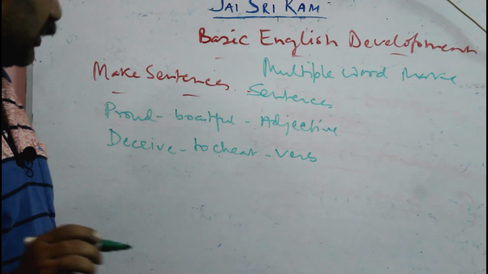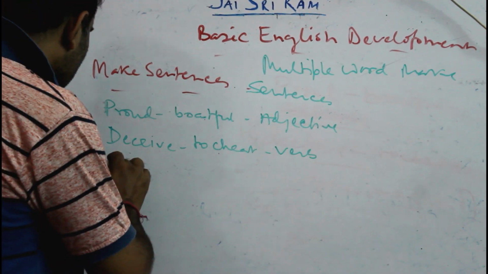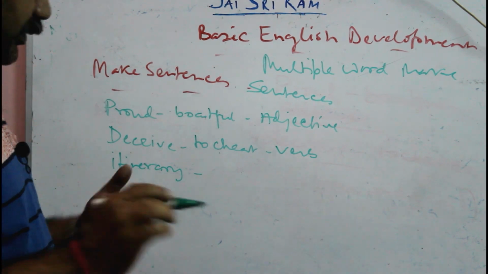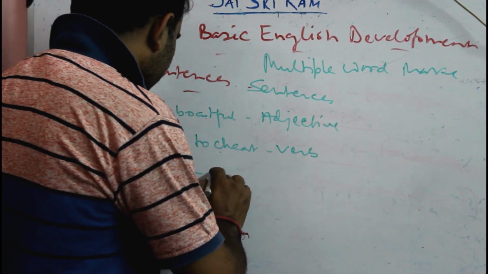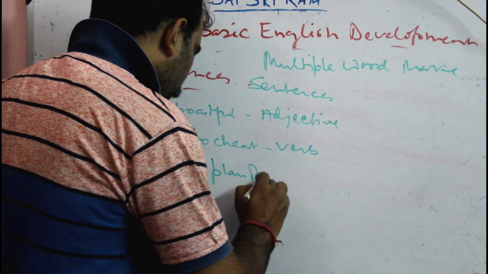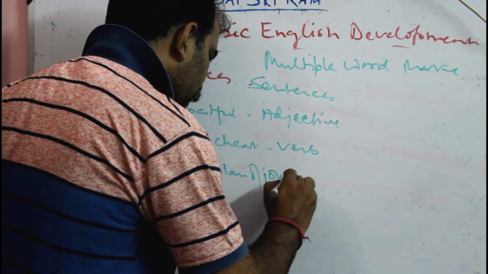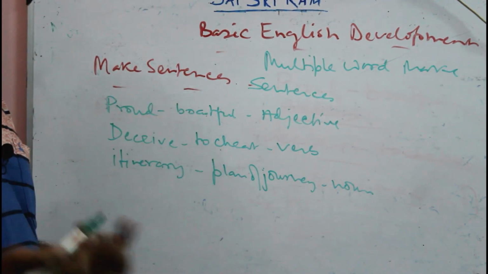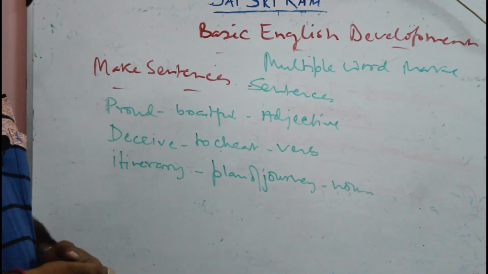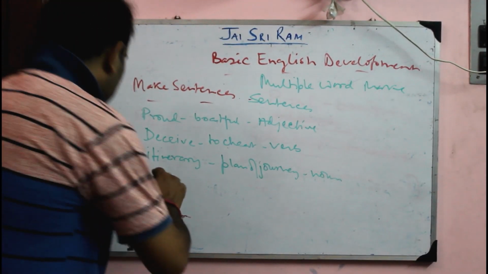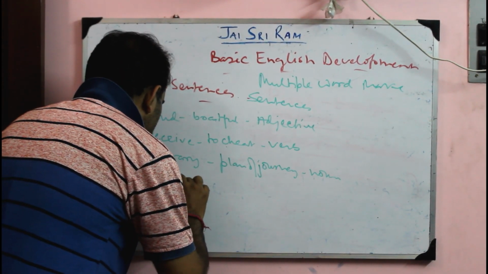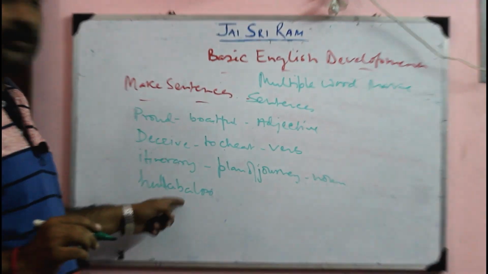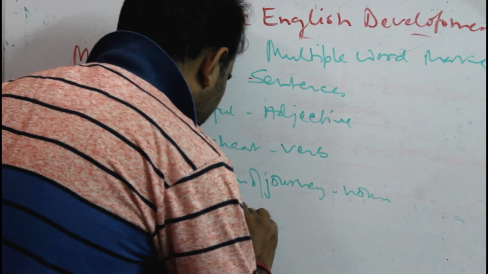The third word is, suppose, itinerary, it's a noun and the meaning is plan of journey. The fourth word is maybe hulla baloo, H-U-L-L-A, B-A-L-O-O, hulla baloo is also a noun which means confusion.